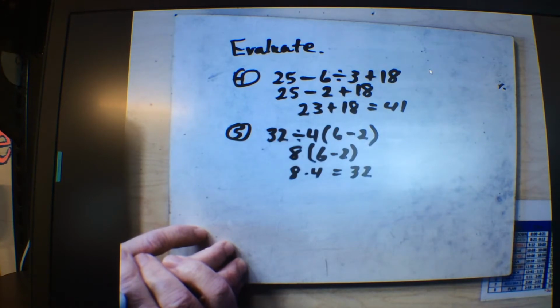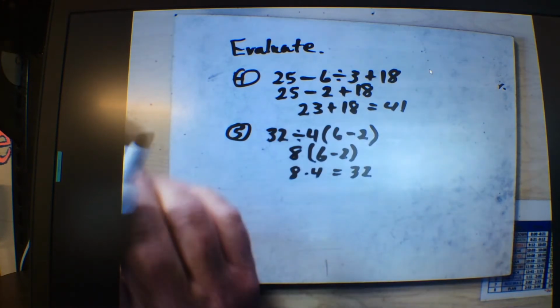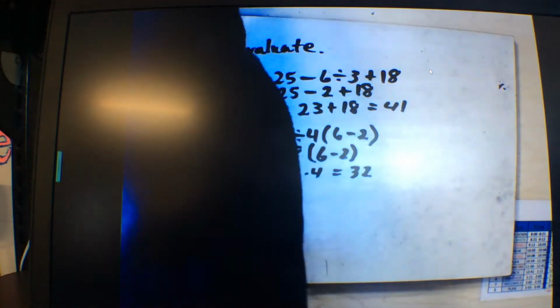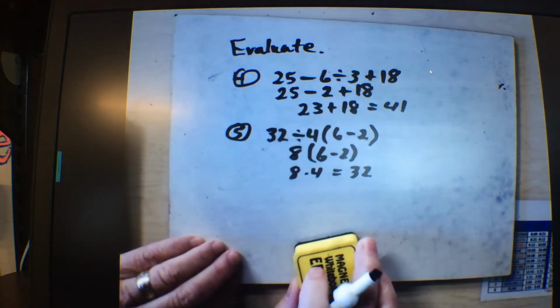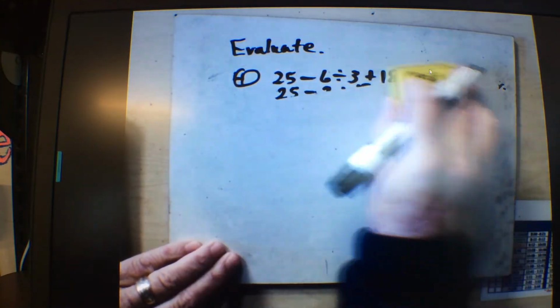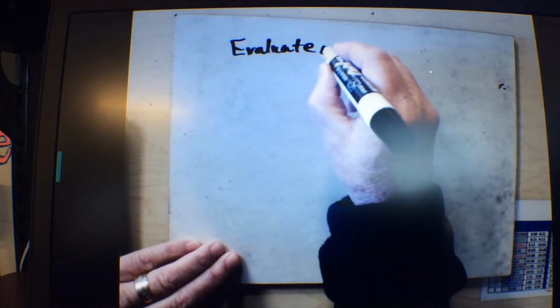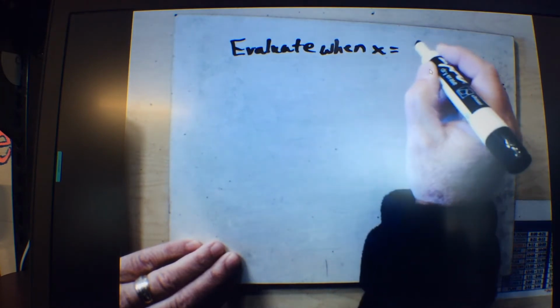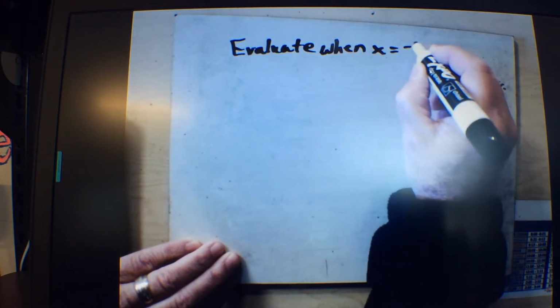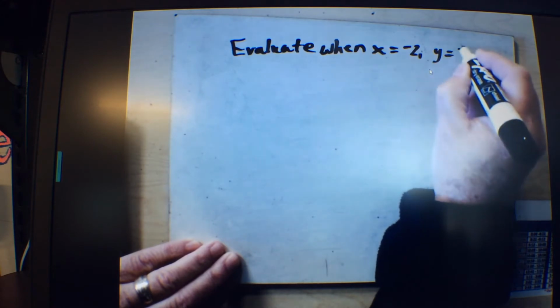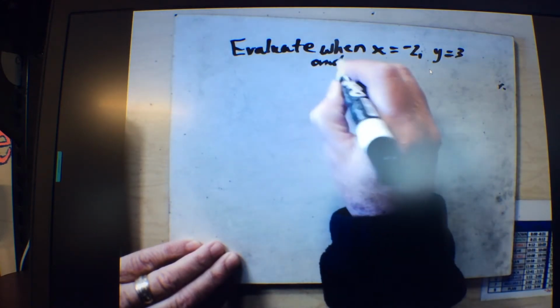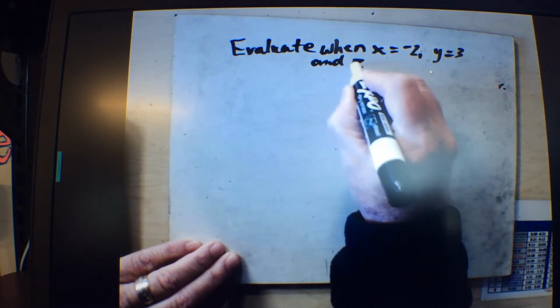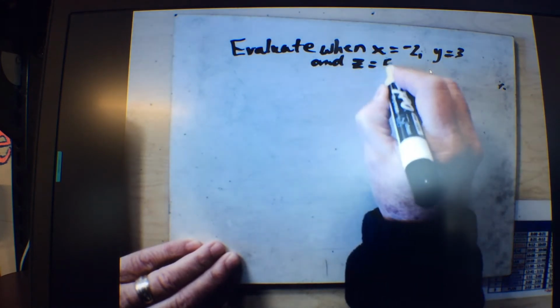Okay? Alright. Now we're going to use the same, only I'm going to change this. Are we ready? I'm going to do the same, only I'm going to give you values like this. Evaluate when x equals negative 2, y equals 3, and z equals 5.